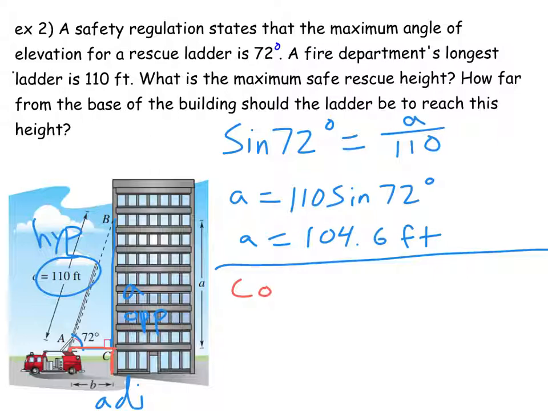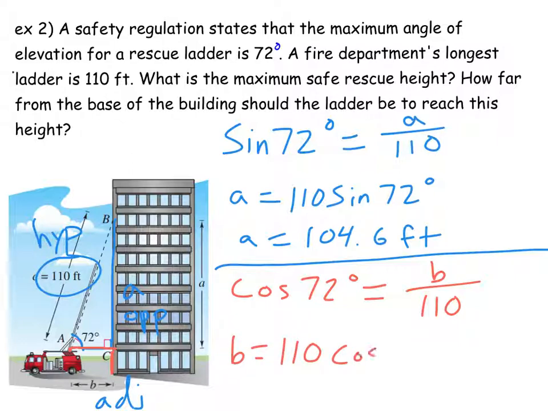Now, how far away the truck should be parked, pretty simple adjustment here once I had all the sides labeled. That side is adjacent, so notice the whole setup basically looks identical. The only thing in the whole process that's changed is it's the cosine function now.